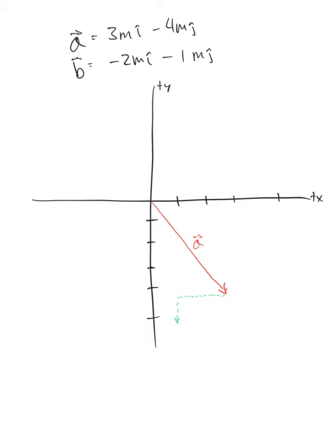So this is vector B. And if I say that there is some vector C, which is equal to A plus B, then vector C will always point from the origin to the end of vector B.